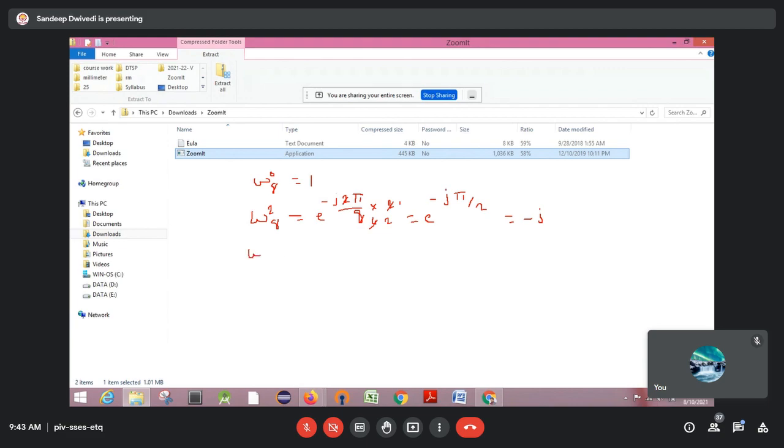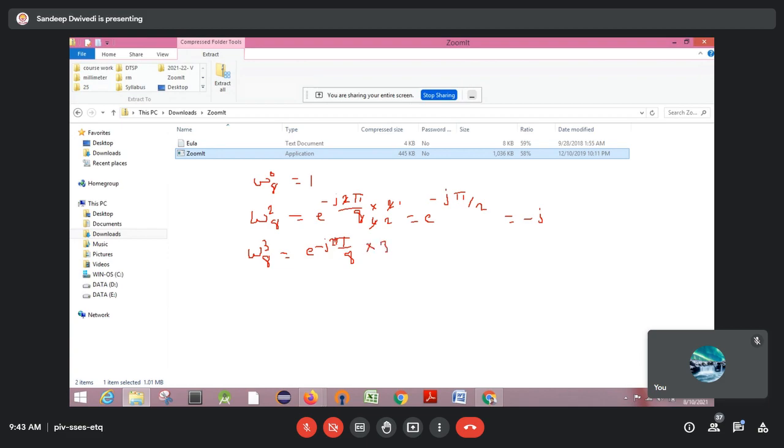Okay, then the next Twiddle factor is W suffix 8 raised to power 3. So this will be e raised to power minus j 2 pi by 8 into 3.